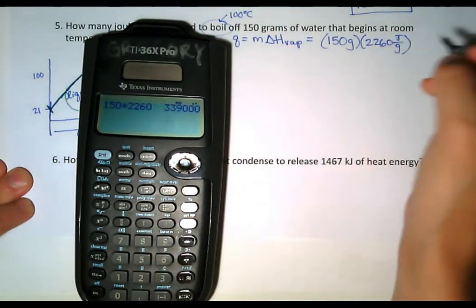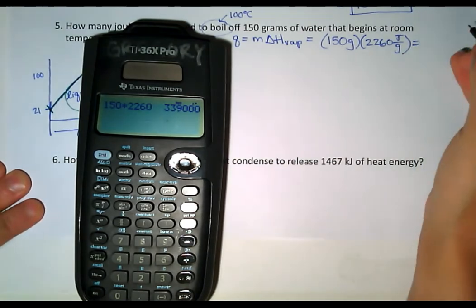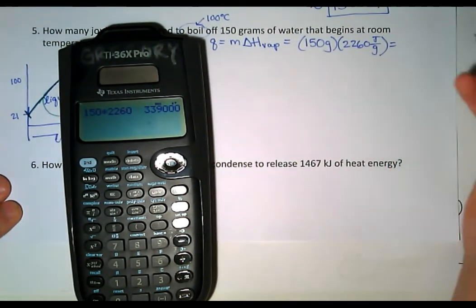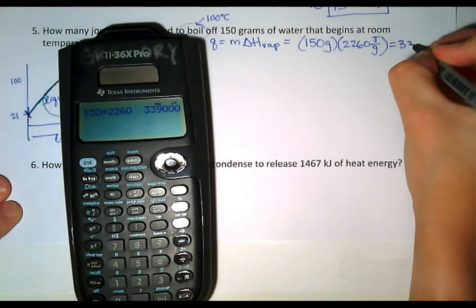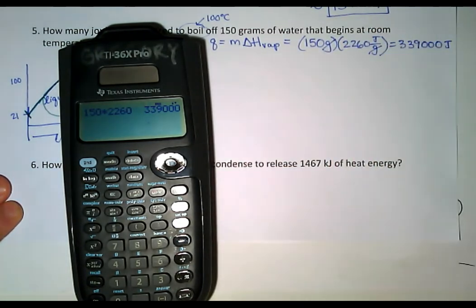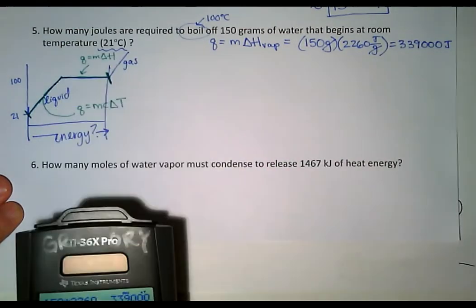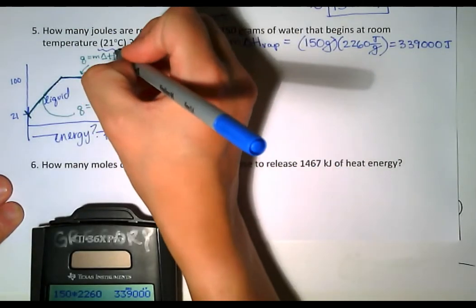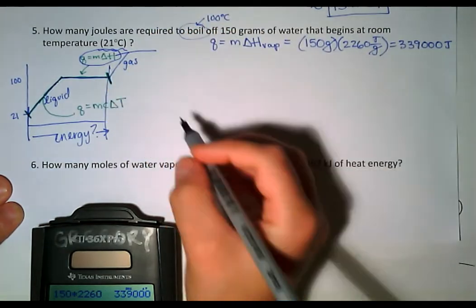And that gives us a nice big number. 339,000 joules, as our grams cancels out. So there's our first portion, and I'm going to go ahead and write that in over here so we don't forget it.